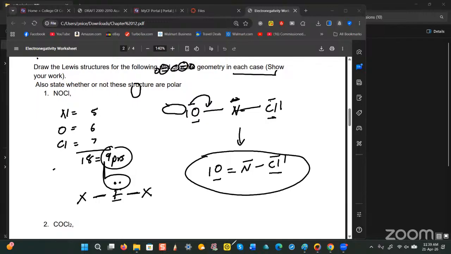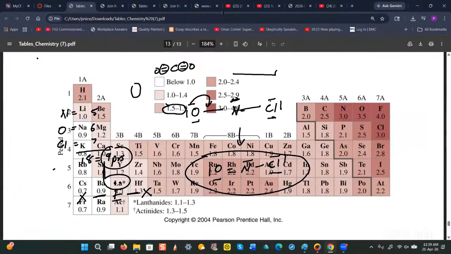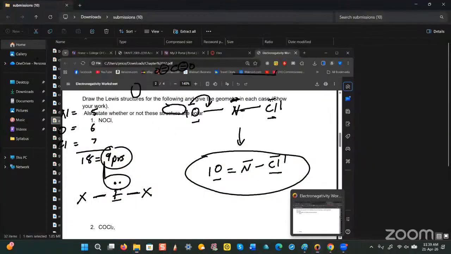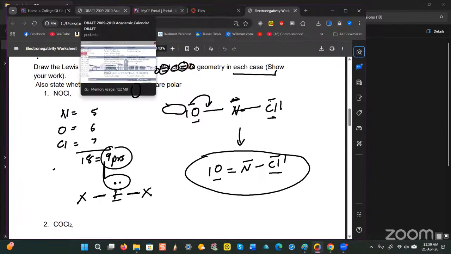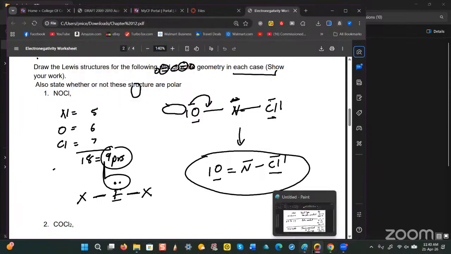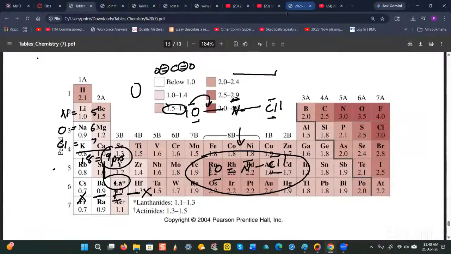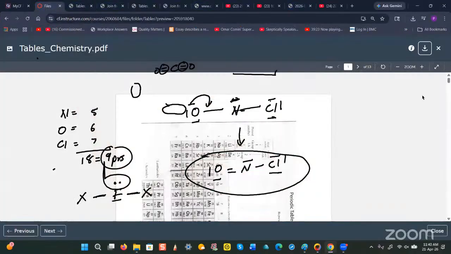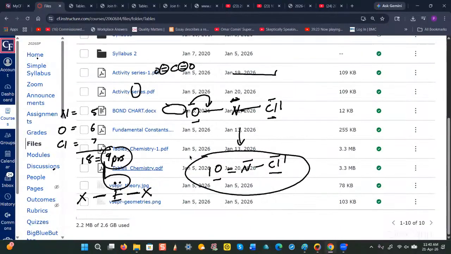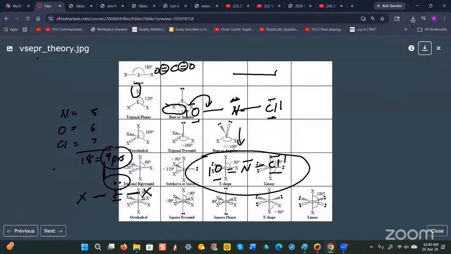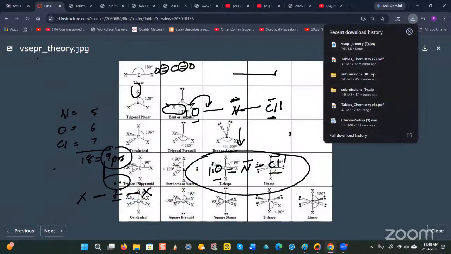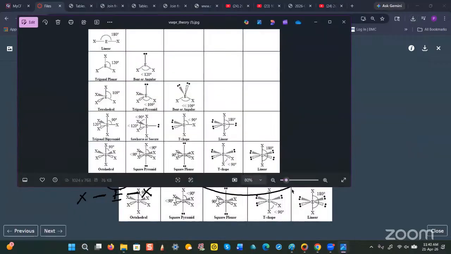So if you consult the chart, which is what I was hoping to be able to share on the same screen. Okay, so this is the chart right here.